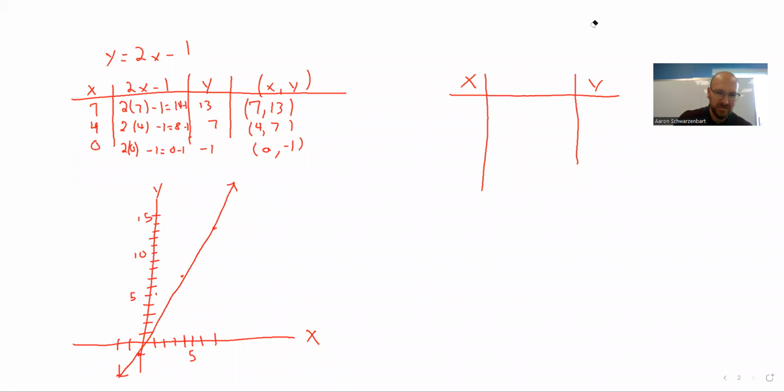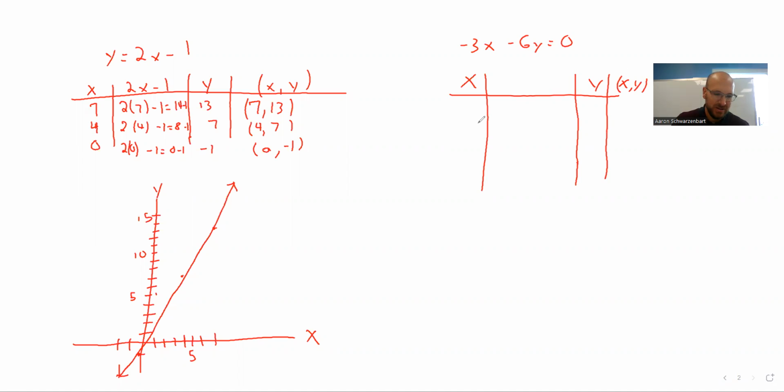Some of them do say that you need to solve for y. I'm telling you, you don't have to. So I'm actually going to do number 13 for you here. You might have to solve for y later, but you do not have to solve it for y before I plug the numbers in.